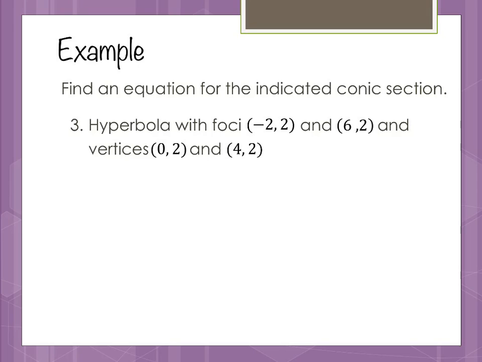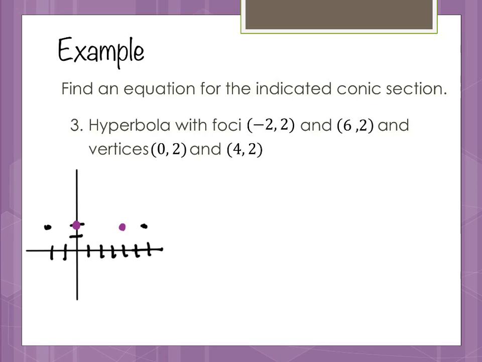Now, this one does have some negative values, so I need the negative x-axis at least. So I have negative 2, 2. I have 6, 2. And then I have vertices at 0, 2, in purple, and at 4, 2. So which formula do I have?